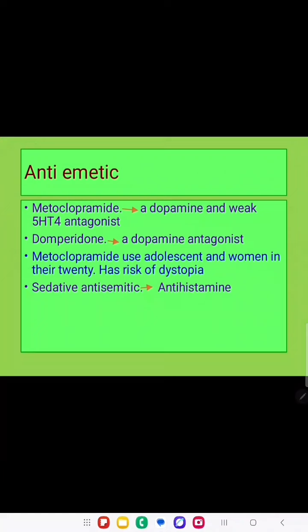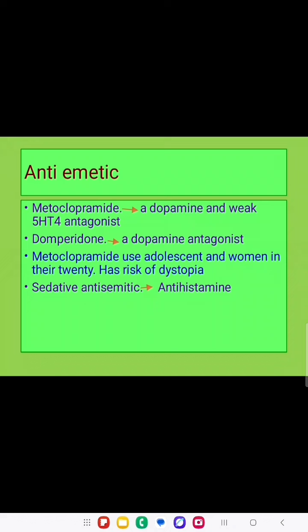Antiemetic drugs. The signs and symptoms are nausea and vomiting, and we give symptomatic management. We use antiemetic drugs: metoclopramide, a dopamine and weak 5-HT4 antagonist. The 5-HT4 receptor stimulates the vomiting receptor.